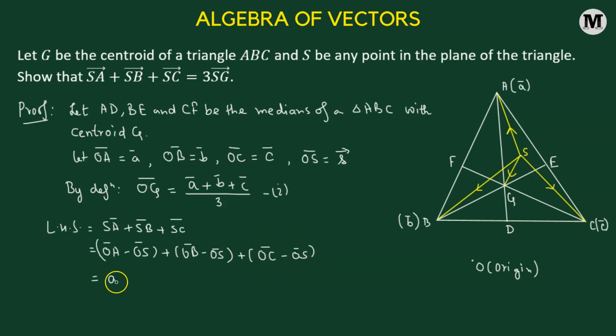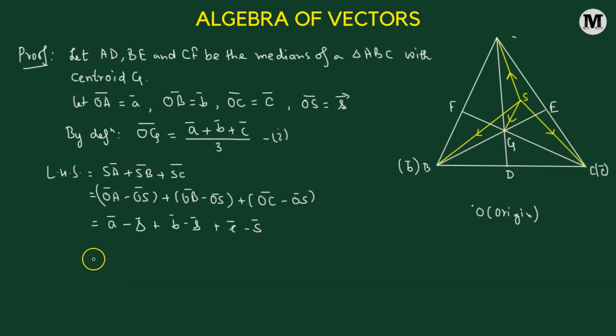Now, we can use OA vector as A vector. So we have vector A minus vector S added to vector B minus vector S plus vector C minus vector S, which gives us vector A plus vector B plus vector C.